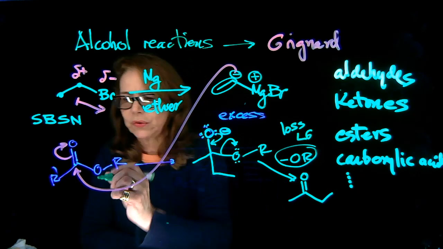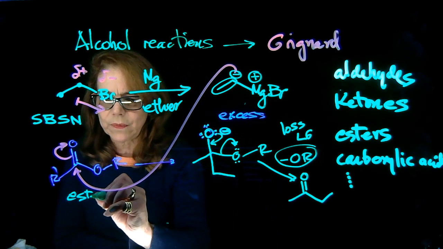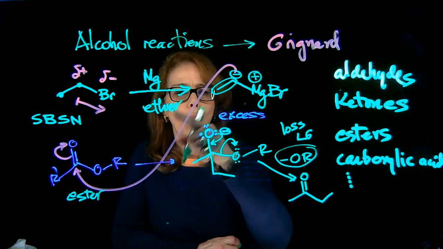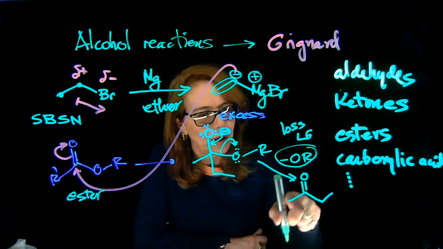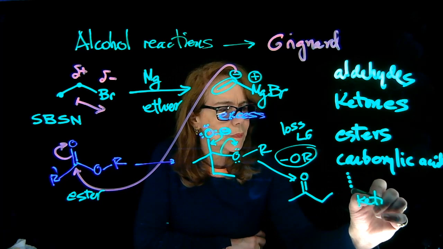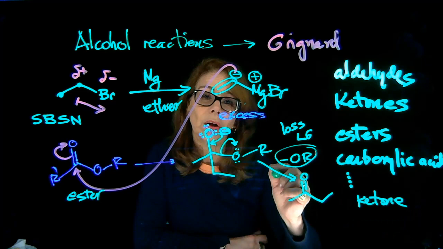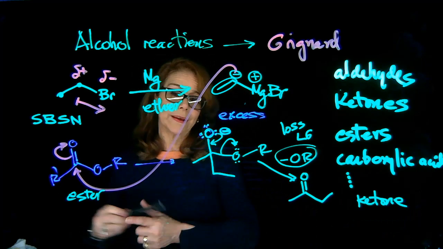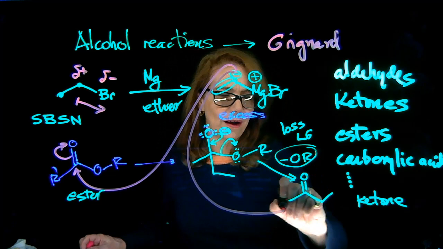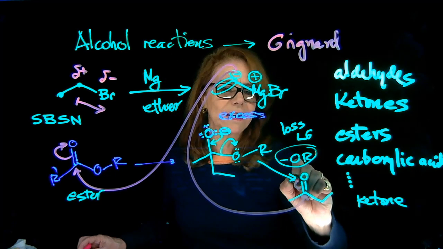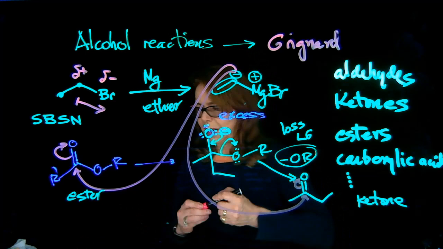But now notice you started here with an ester, and you had one nucleophilic attack over here at the carbonyl carbon. But now you have a ketone, and the ketone can also be attacked. So we can have another molecule of that attacking over here, and a second nucleophilic attack.